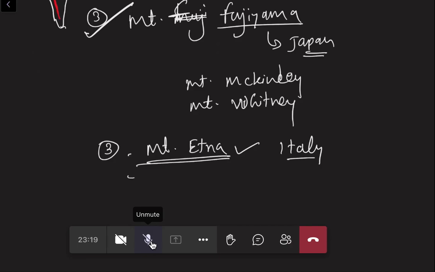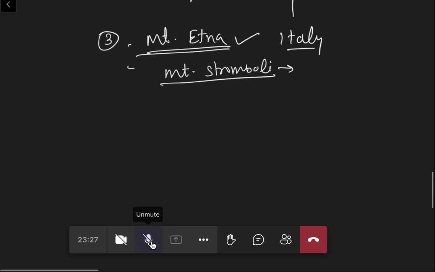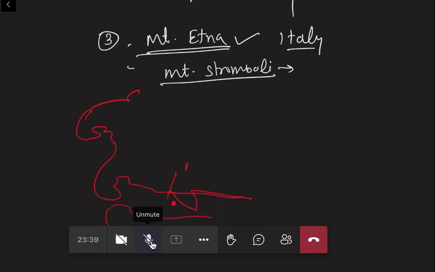Then there is another mountain in Europe called Mount Stromboli. Mount Stromboli has a unique place. It is located in the Mediterranean Sea. This is Europe, this is the Mediterranean Sea.